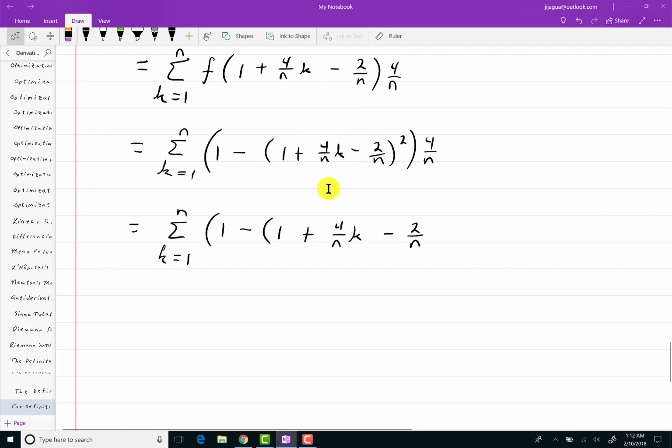So I'll start with 4 over nk times 1. And then 4 over nk times 4 over nk. So that's 16 over n squared times k squared. And then negative 4 over nk times negative 2 over n will be negative 8 over n squared times k.